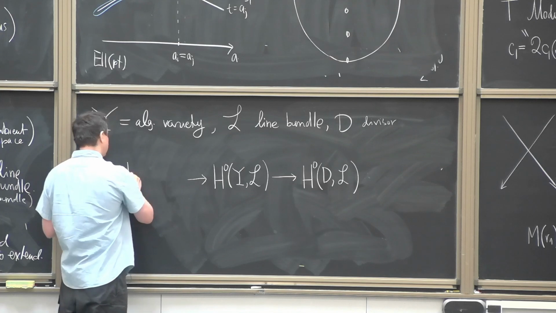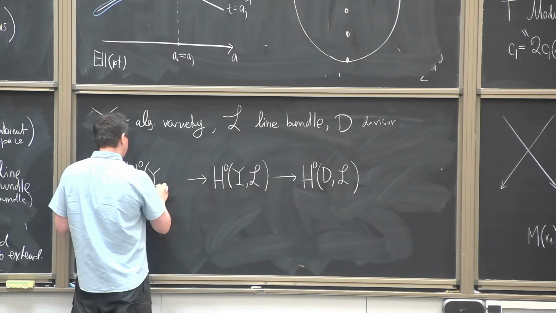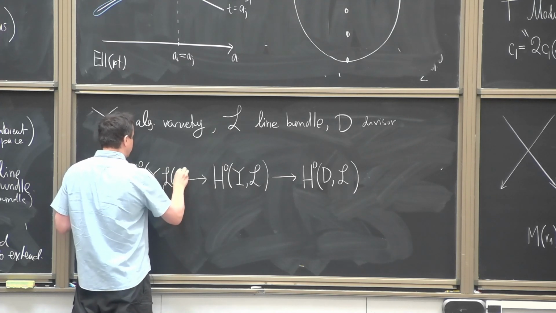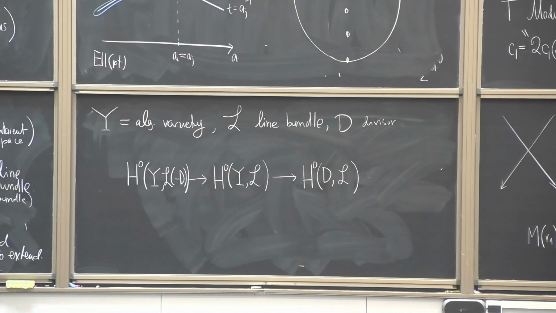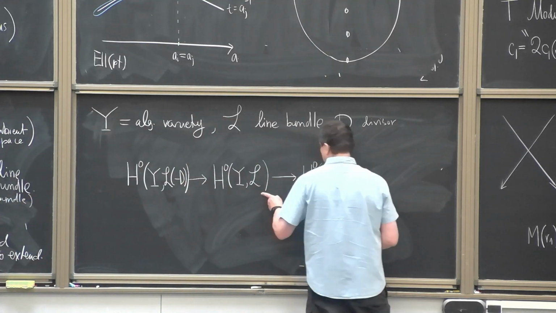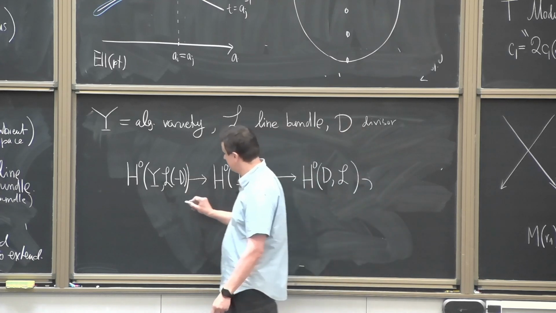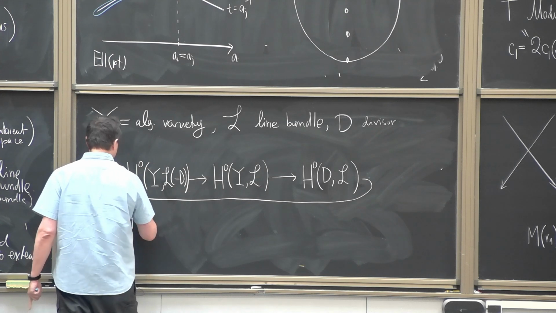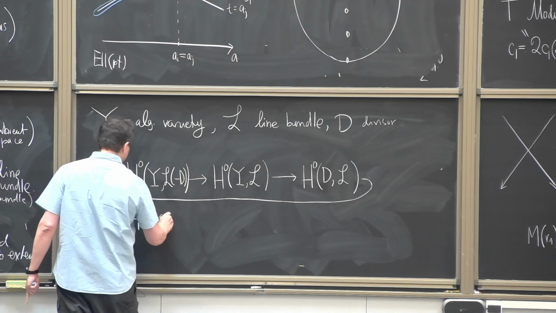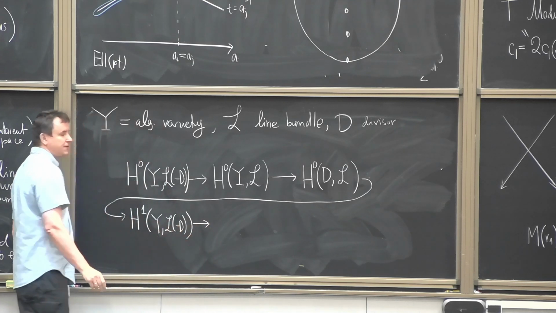So these are the sections of the line bundle shifted by the divisor. And then this may not be surjective. There, in principle, could be a connecting map to H^1, and so forth.